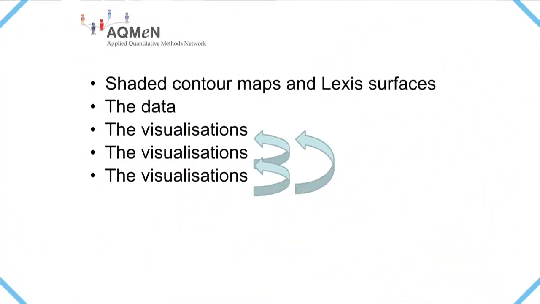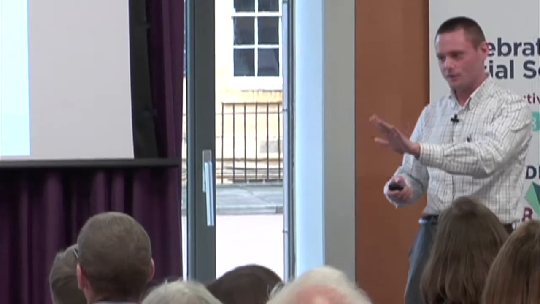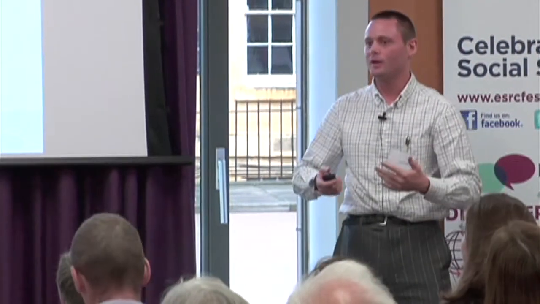Basic structure. I'm going to talk about a particular type of data visualization that is very information rich, and that's not necessarily a good thing. It's not like a Guardian infographic where you can look at it for 3 seconds and then you get everything out of it. It's a particular type of visualization that contains a lot of information.